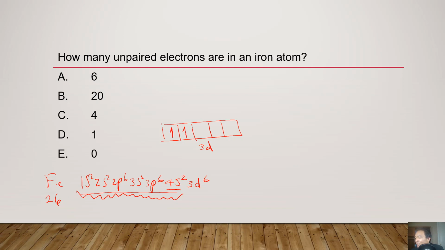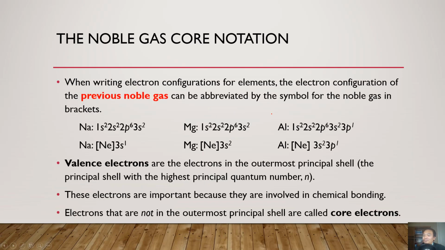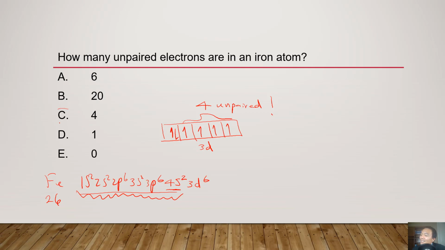The first 5 will fill the d subshell singly with the same spin. When the 6th one comes in, it has to be paired up. So how many unpaired electrons? 4 unpaired. Did you see that? It's 4 unpaired. So that's why C is correct.